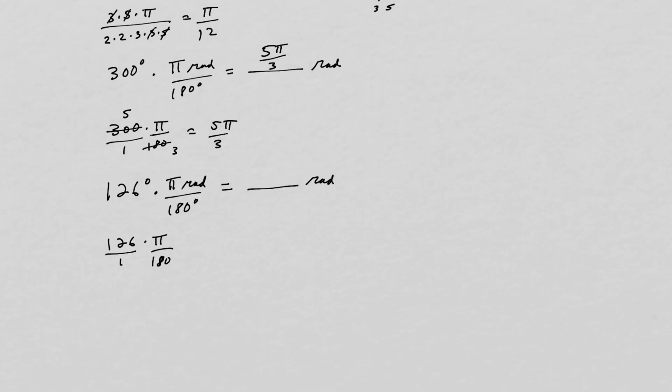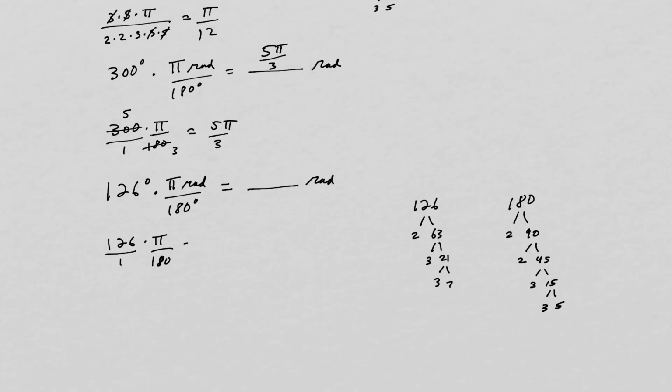Here again, I'm going to find the prime factorization because I can't do this in my head. This is going to be 2 times 63, then 3 times 21, and then 3 times 7, and then 180 is 2 times 90, 2 times 45, 3 times 15, 3 times 5.